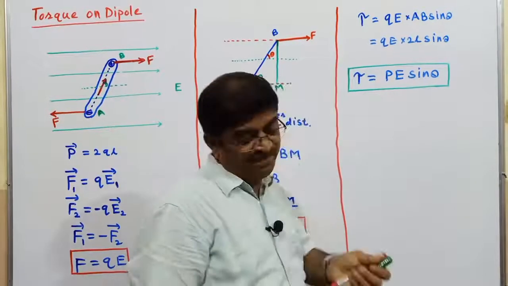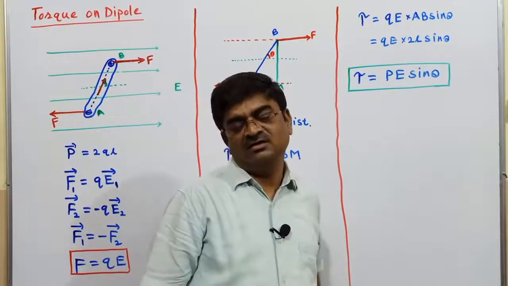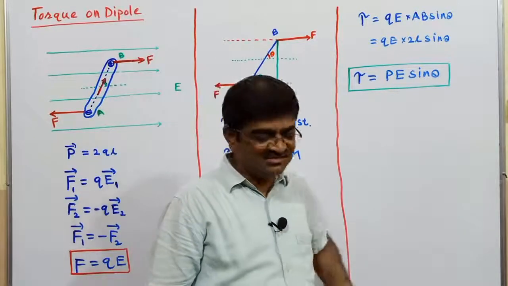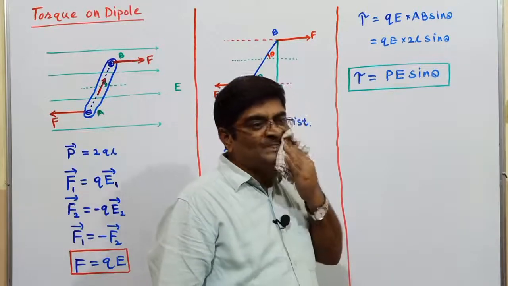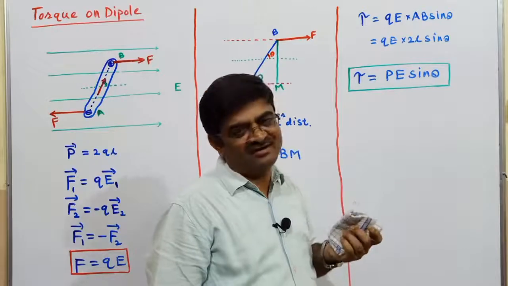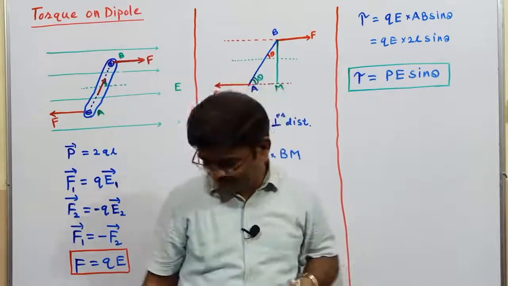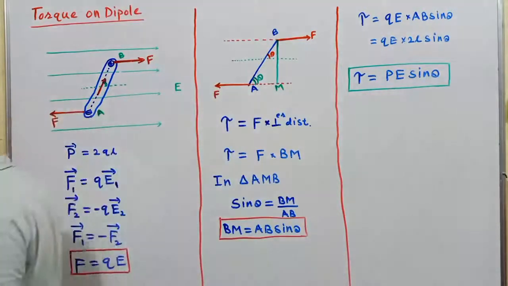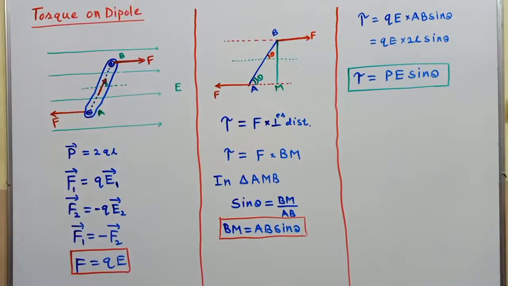Okay. Now, one more thing I would like to bring to your notice is that torque is a vector quantity. And if you remember, what kind of vector do you have as torque? Torque, I would say, is an axial vector.